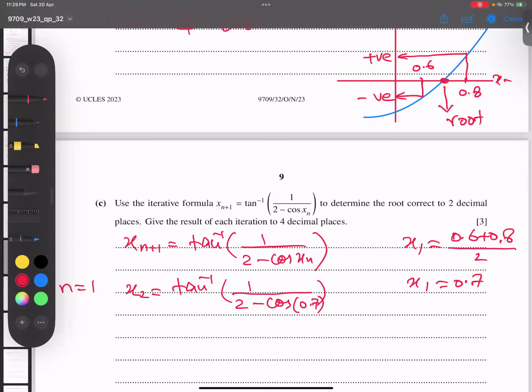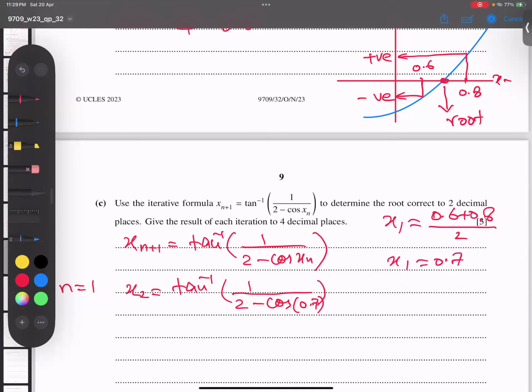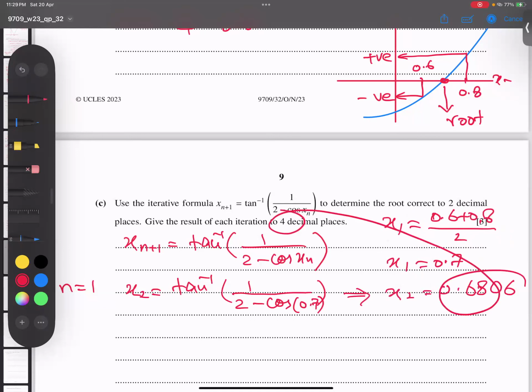Hold on, let me recheck. My answer is coming 0.68, and x2 is 0.6806, because he said 4dp.